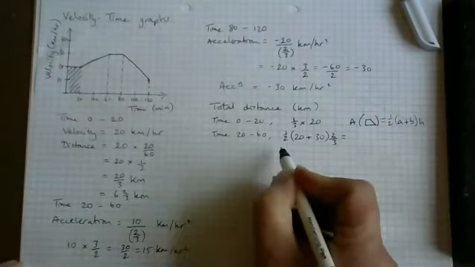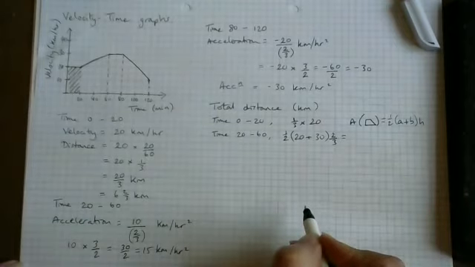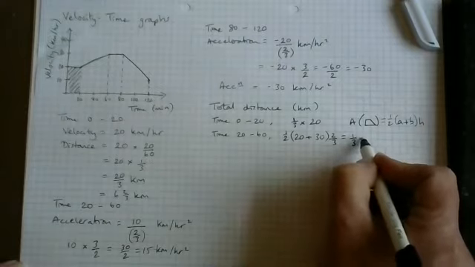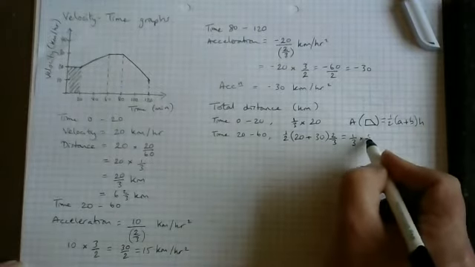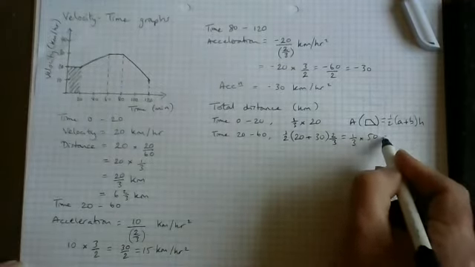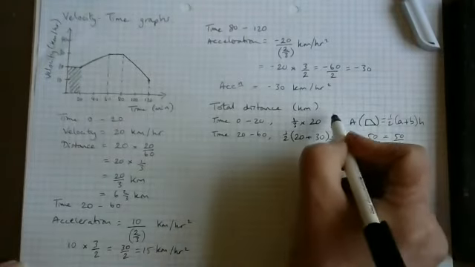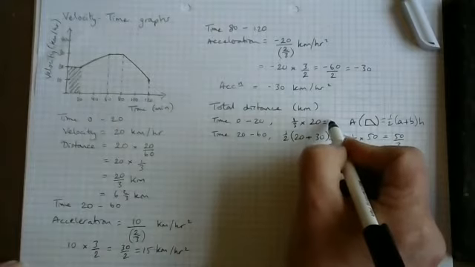That equals half times 2/3 is 1/3 times 20 plus 30 is 50, which is 50 over 3. Which I've not finished this one here off, 20 over 3.